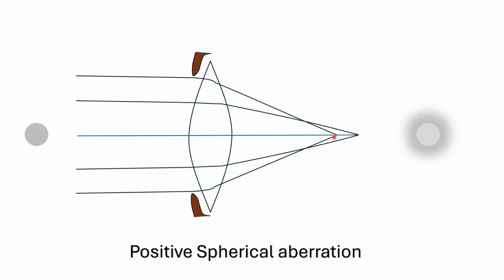If we keep the screen here, these rays are not focused. If we keep the screen here, these rays are not focused. As a result we have a slight blur of the image, and this is normally present in a spherical lens, which is known as positive spherical aberration.